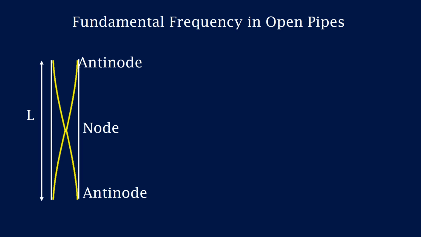Fundamental frequency in open pipes. Moving on to the open organ pipe, characterized by openings at both ends. The air column vibrates in its fundamental mode. Antinodes are formed at the ends of the pipe, while a node is established in the middle.